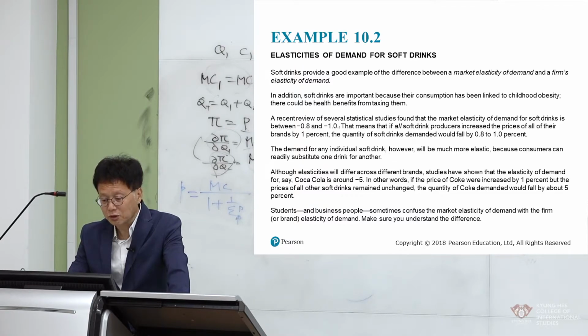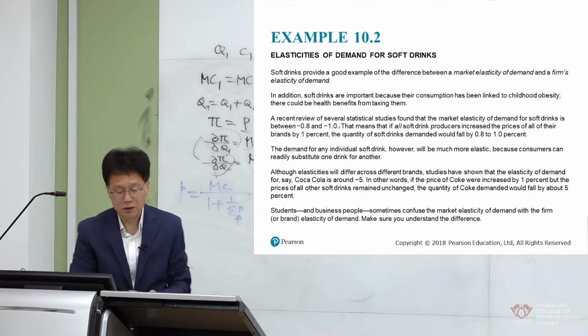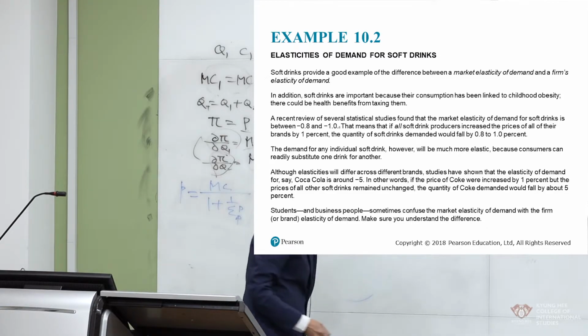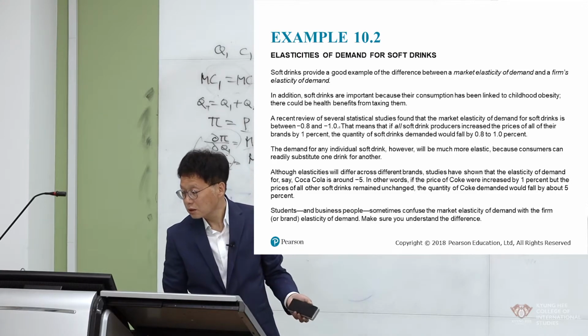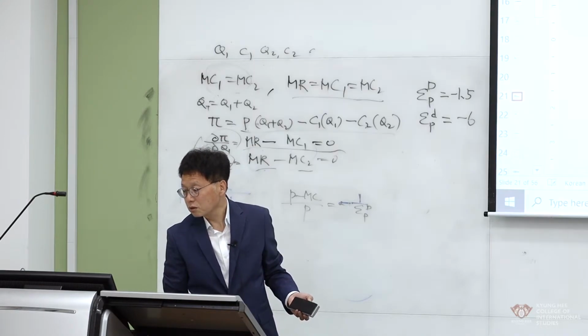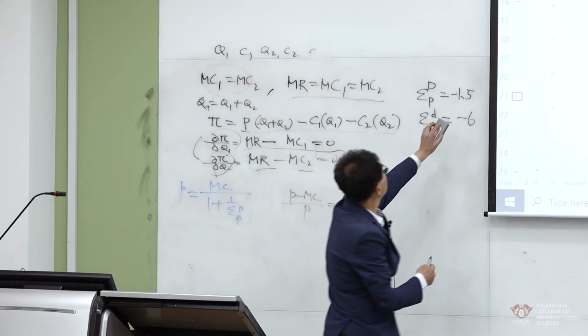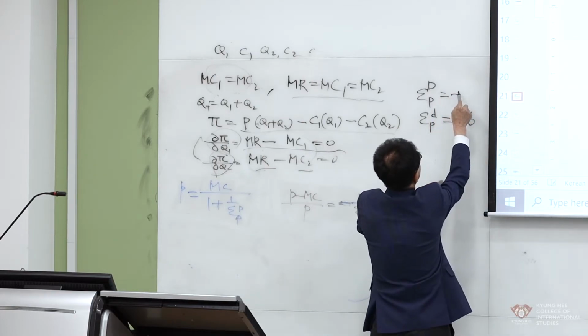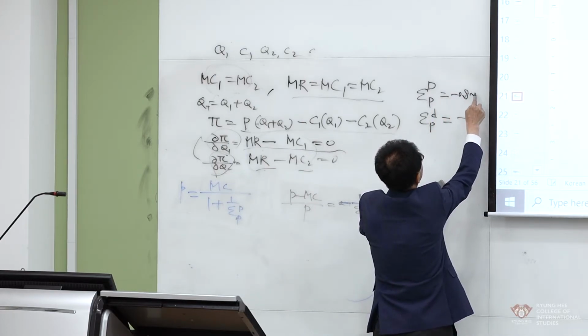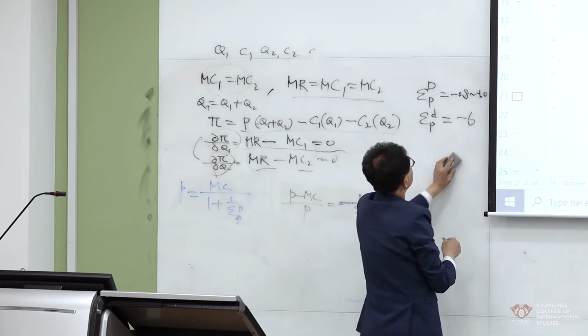A recent review of several statistical studies found that the market elasticity of demand for soft drinks is between minus 0.8 and minus 1.0, right?